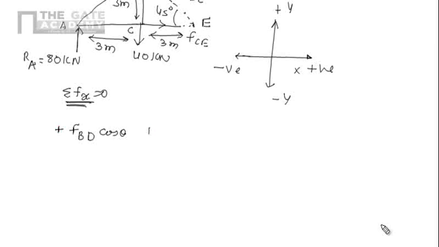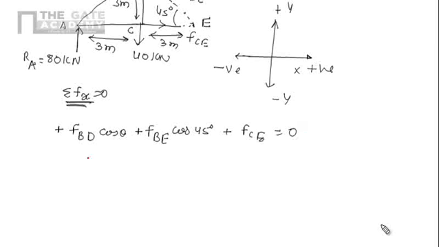Similarly, the component of FBE in the x direction, that is FBE cos 45 degree, is in positive direction, so positive. And we have one more force, FCE, which is in positive direction, so it is positive.